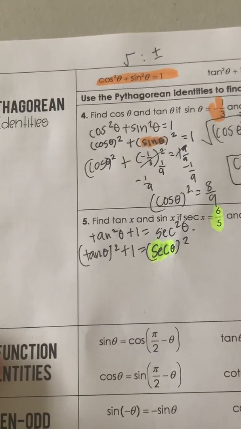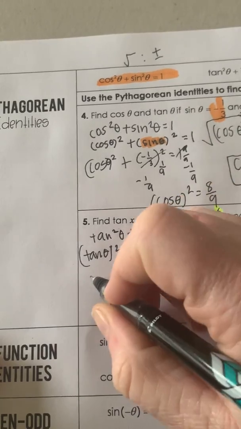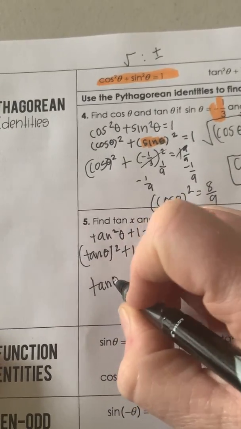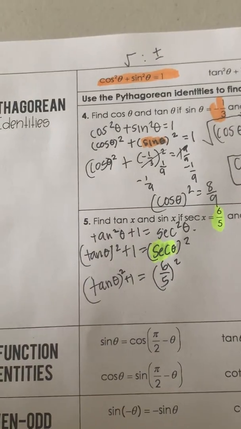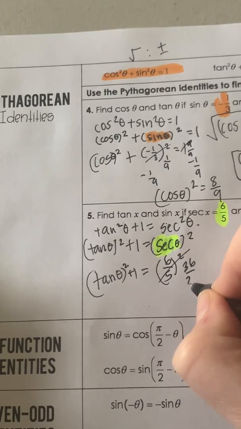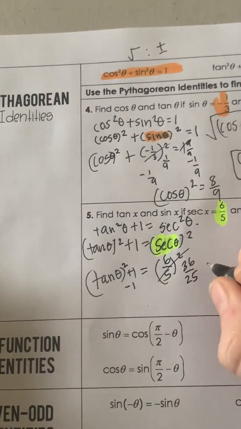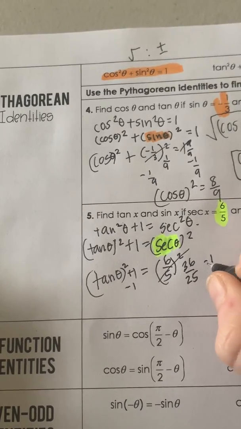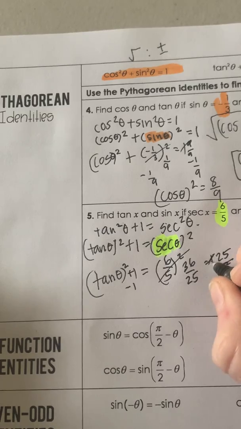So let's plug in secant squared, 6/5 squared. So tan theta squared plus 1 is 6/5 squared, which is 36/25. So I'm going to subtract 1, which is really 25/25, from both sides.